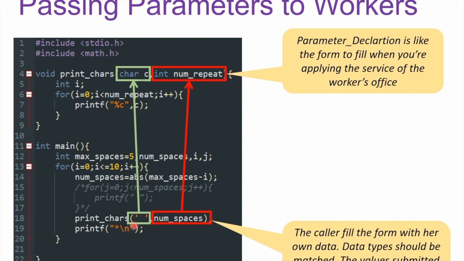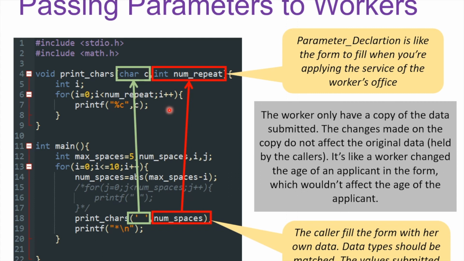For example, here we're passing a char to this, and at that time, the value of this space char will be copied to this char c, and also the value of num_spaces will be copied to this parameter. Remember that this is just copying the value.